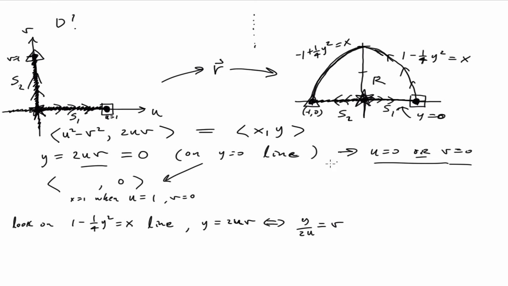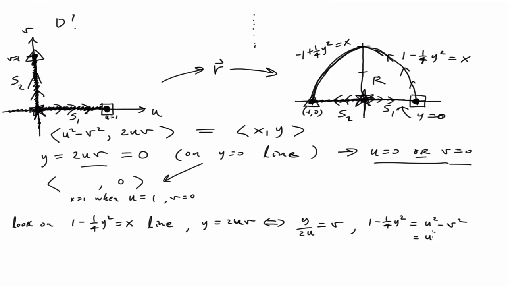Okay, so that's nice. And what we can do then is plug that into the other side. We know that 1 minus 1/4 y squared is equal to x, and x is equal to u squared minus v squared. Okay. So here, what I want to do now is actually plug this in for v.